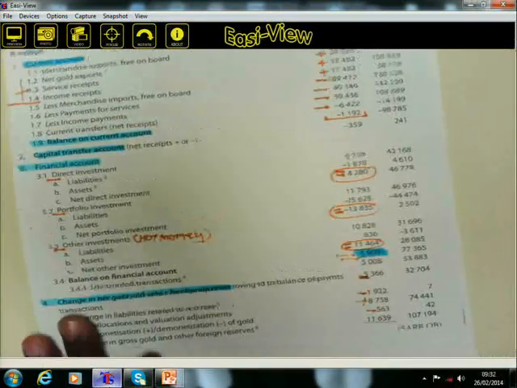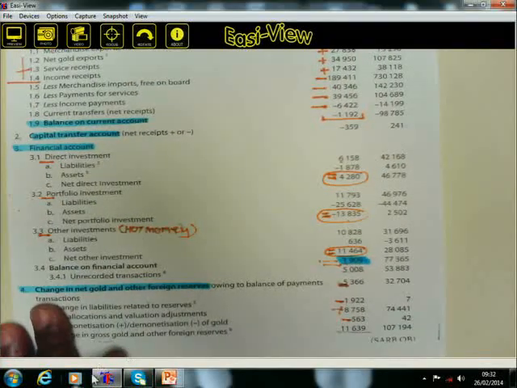You need to recall all these things. That's why I'm doing DOP here, so that I know this is direct investment, this is other investment, and this is portfolio investment. In this manner, you will be able to remember how this account works.